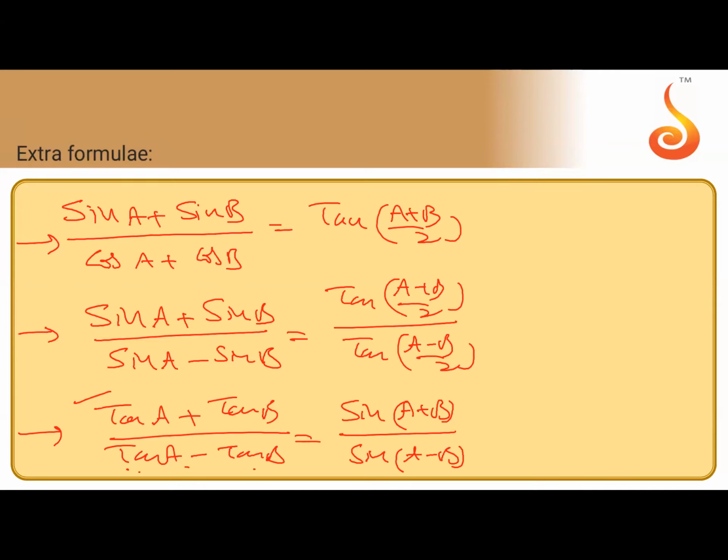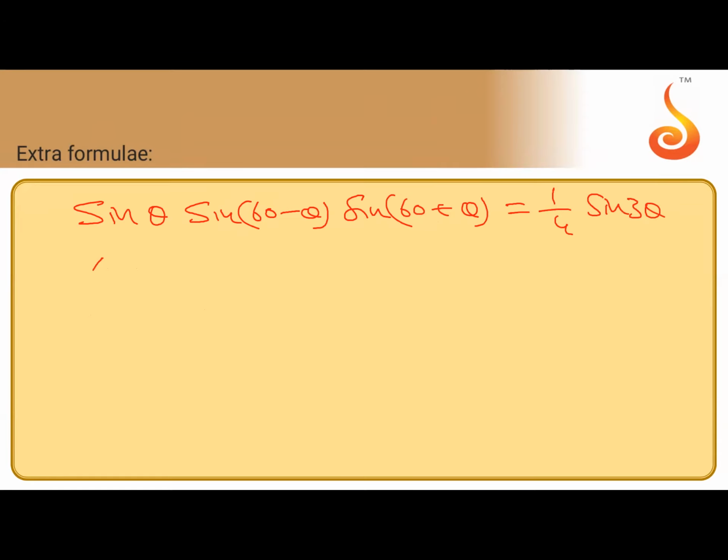Okay, the next question. Next formula: sin theta, sin(60 - theta), sin(60 + theta) is 1/4 sin 3 theta. Cos theta, cos(60 - theta), cos(60 + theta) is 1/4 cos 3 theta.